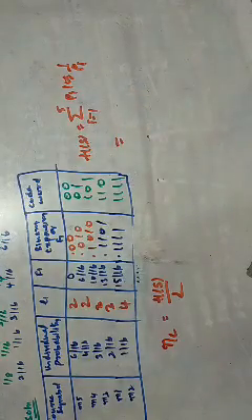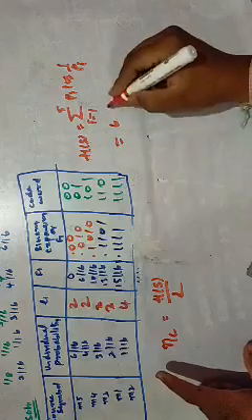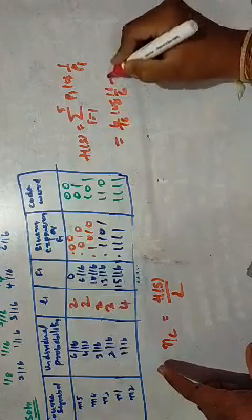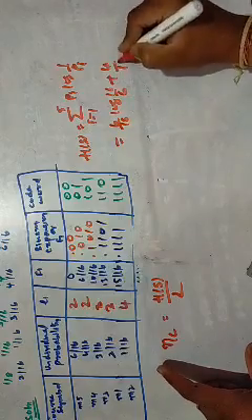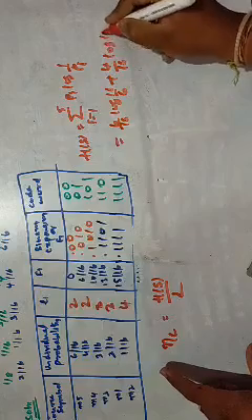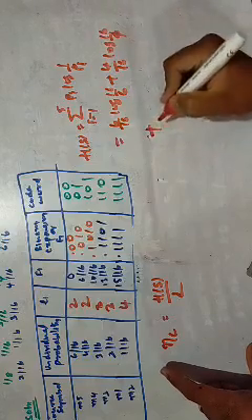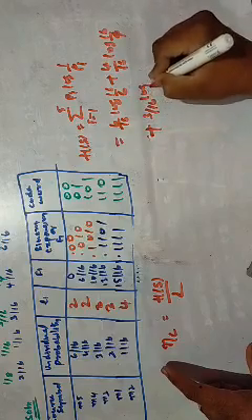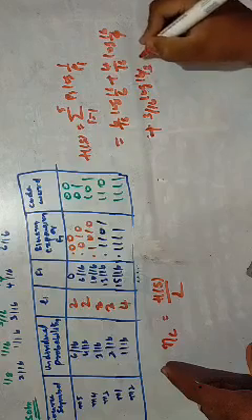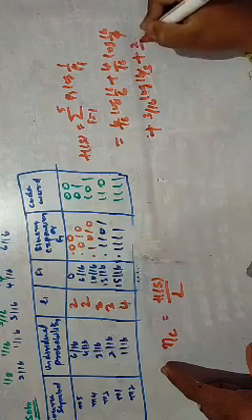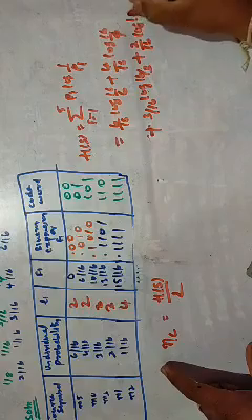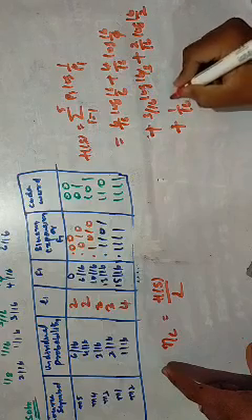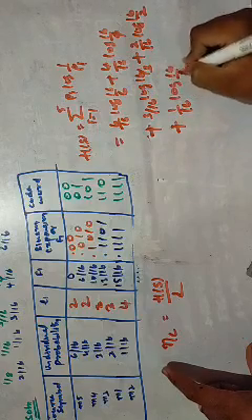Directly I write 6 by 16 log 16 by 6 plus 4 by 16 log 16 by 4 plus 3 by 16 log 16 by 3 plus 2 by 16 log 16 by 2 plus 1 by 16 log 16 by 1.